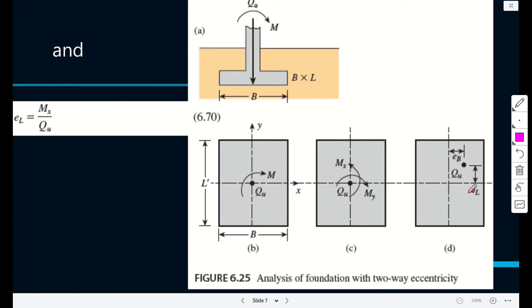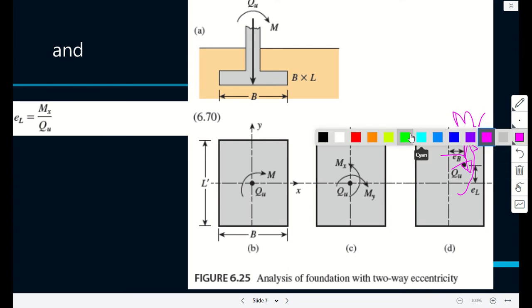About the y-axis, the load is here, and this is the y-axis, so it's trying to bend about the y-axis like that. But about the x-axis, you can see Mx, and let me use a different pen so that you see that is Mx, and this direction is My, as already shown here.